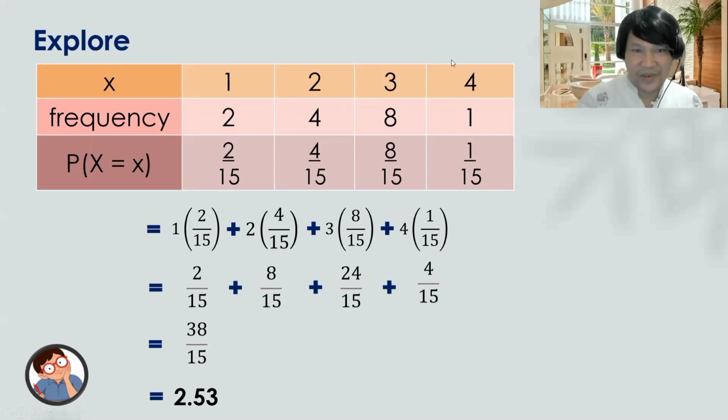Now, how were we able to get the average of a discrete probability distribution, or discrete random variables?